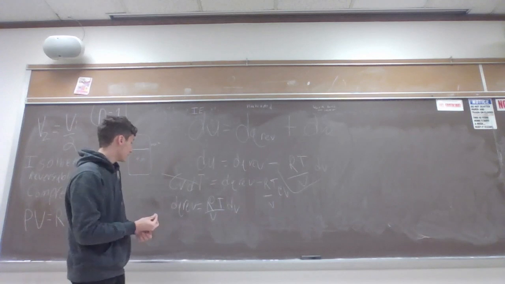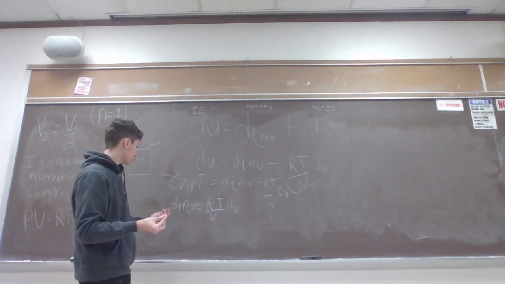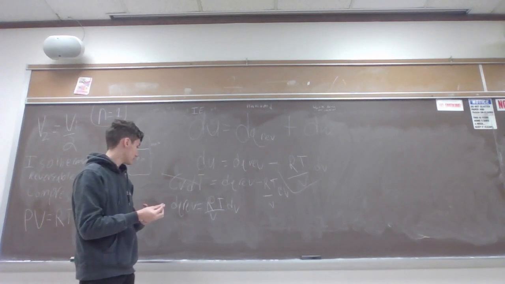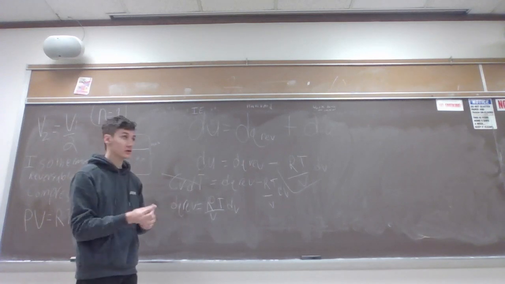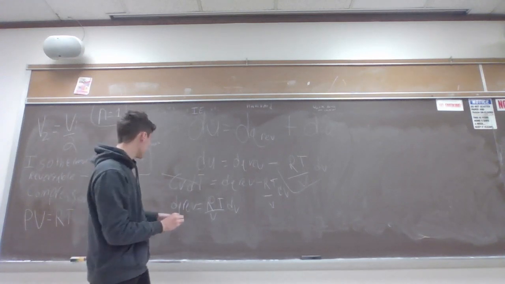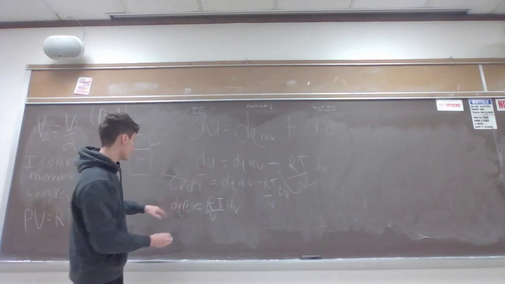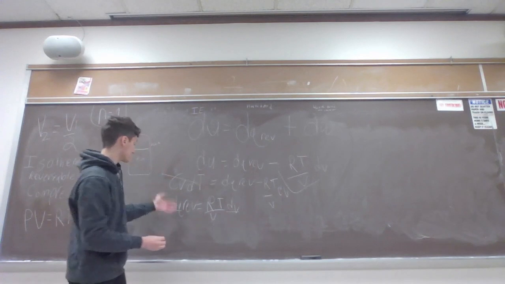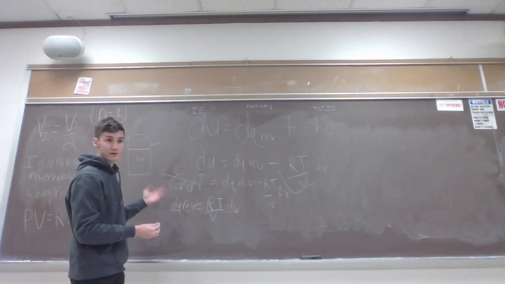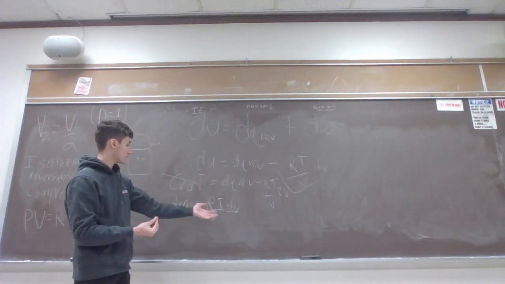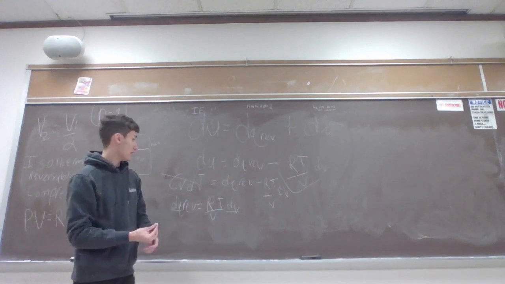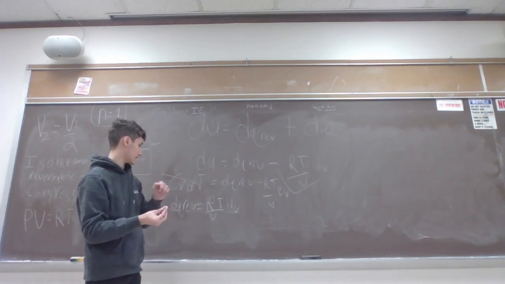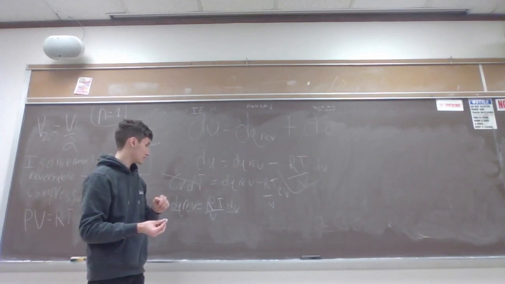And from here, what we can do is integrate our function. Because this is dq, it's already in its derived form in here. So we would integrate this side in terms of our heat added, and we would integrate this term in volume. So let's do that.